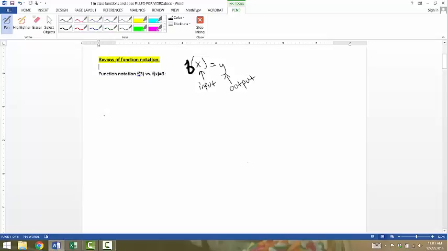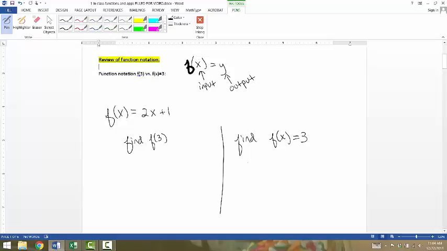We need to be clear on the difference between f of 3 versus f of x equals 3, for example. So for example, if I give you a function f of x equals 2x plus 1, and I say find or solve f of 3, then in the separate problem I might say find or solve f of x equals 3. I want to be clear that these are different things.